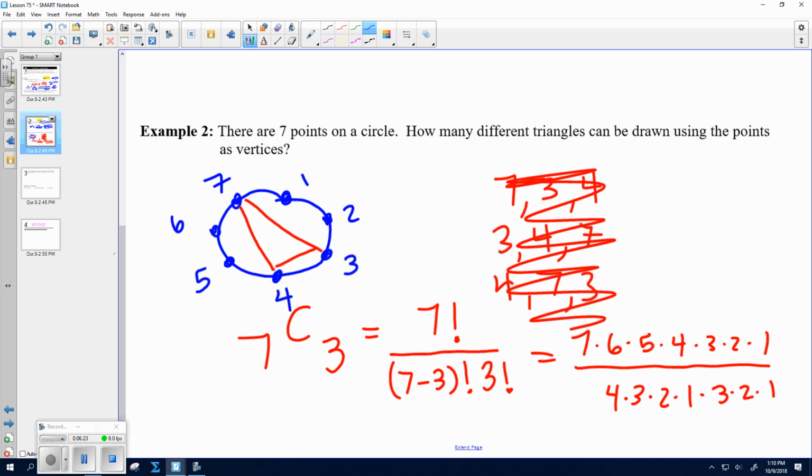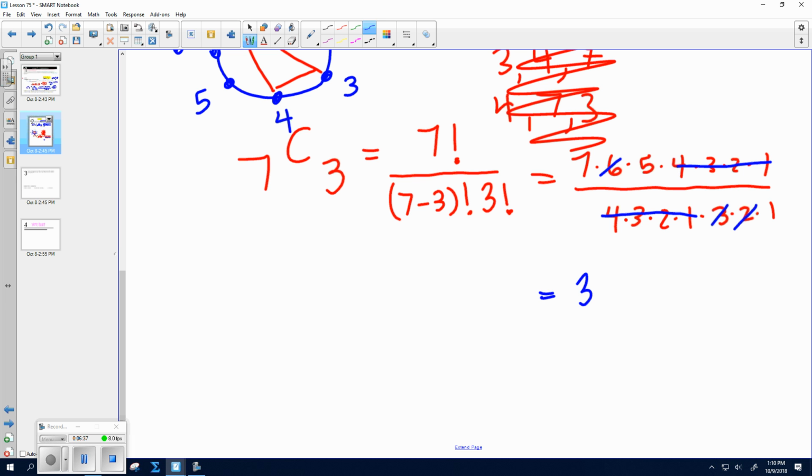So I would probably cancel the 4, 3, 2, 1 with the 4, 3, 2, 1. Then 3 times 2 is 6, so I can cancel the 6 on top with 6 on the bottom. And look at that. It's a nice, easy 7 times 5 problem. So one like that might be on the no-calculator test.